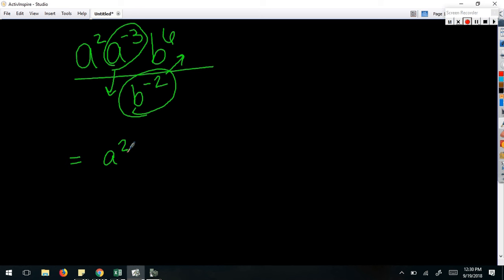That A negative 3 is gone. I've got B6, and the B2 moved up and became positive. On the bottom, A3. I'm not done. Oh, you did the rest of it. Okay. A squared. So what jumps out at you next?